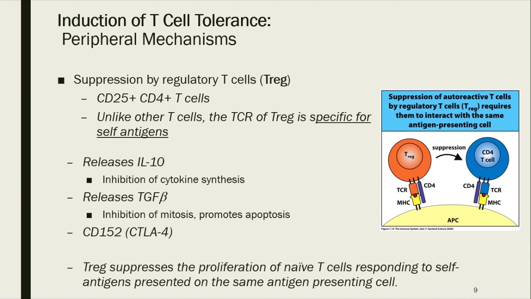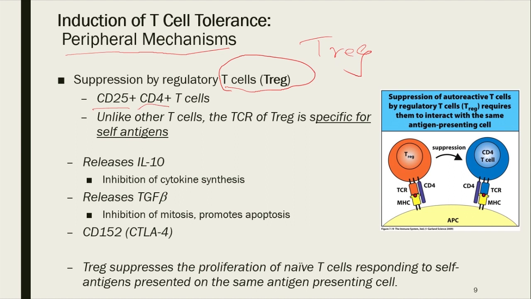Alright, continuing with the peripheral mechanisms to induce T cell tolerance. You can also suppress activation through a new family member here, the T regulatory cell, Treg. I think this is our first time talking about T regulatory cells. They have the CD4 marker and CD25, so they are CD4 CD25 T regulatory cells.